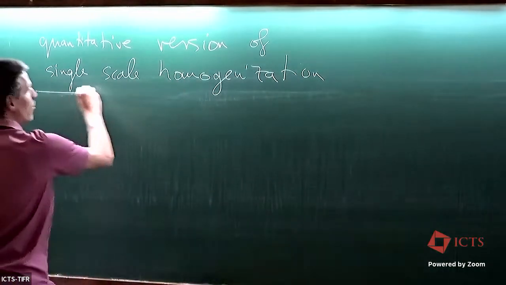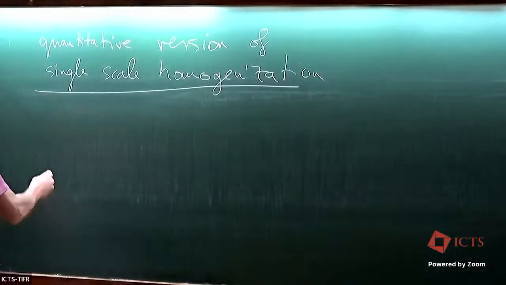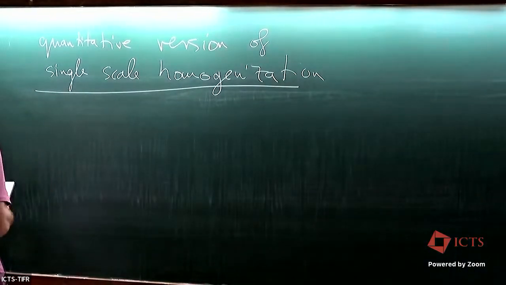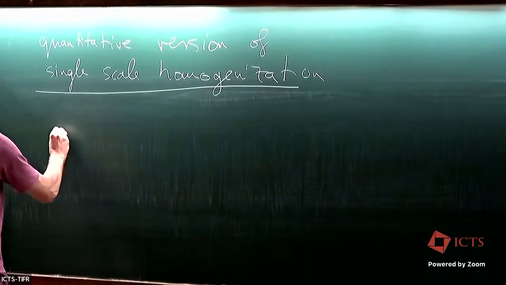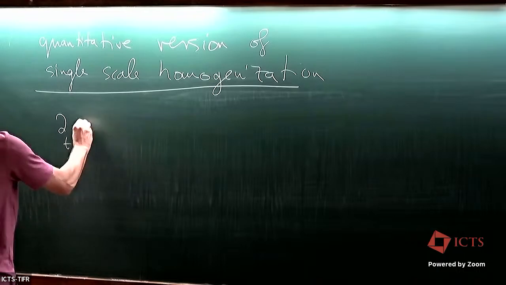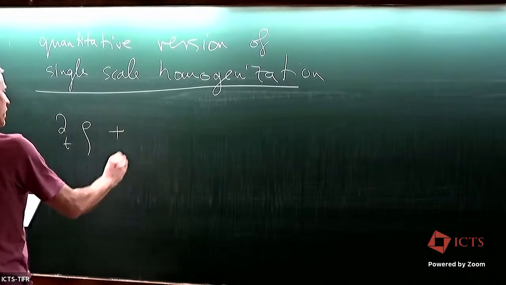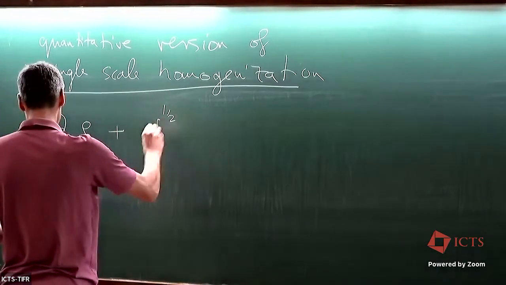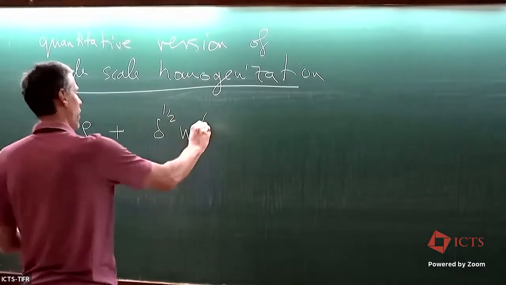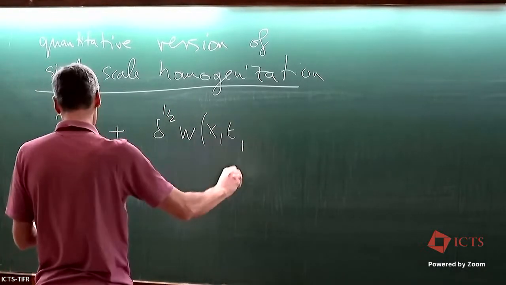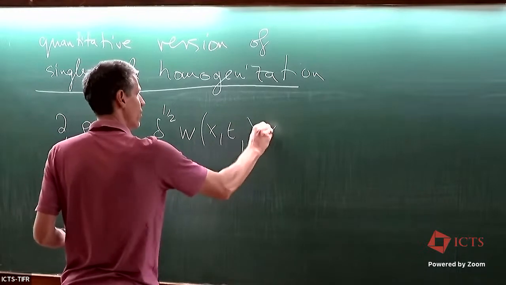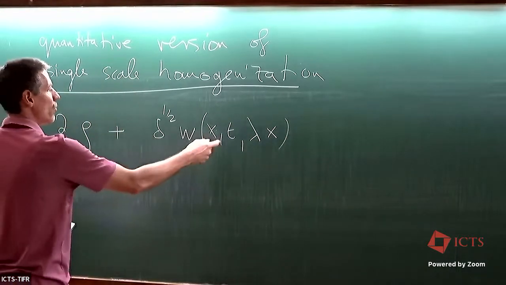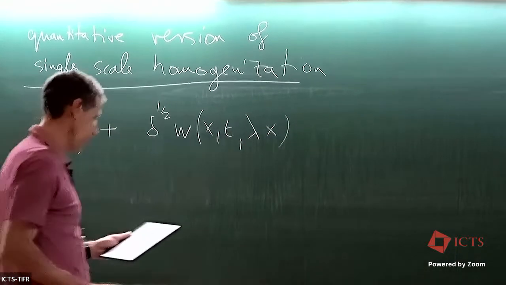So the setup, again, is going to be dt rho plus delta to the 1/2 w, and now let's say we even allow some sort of slow variations.